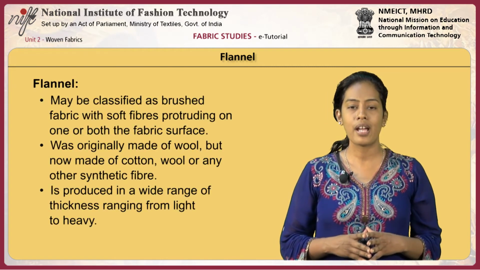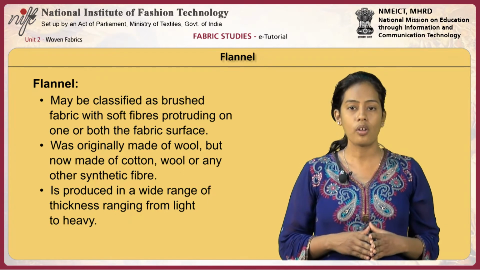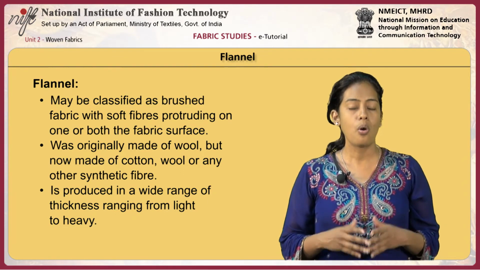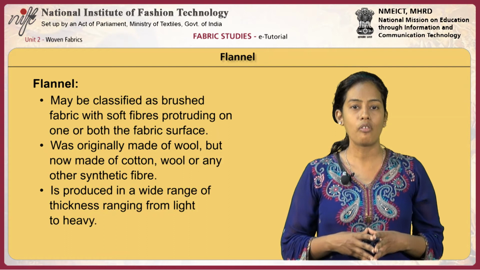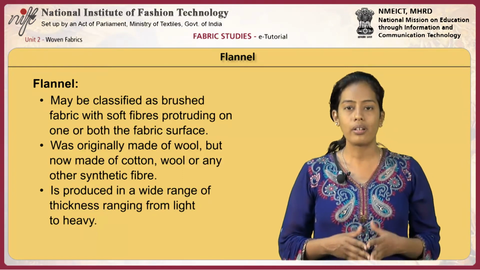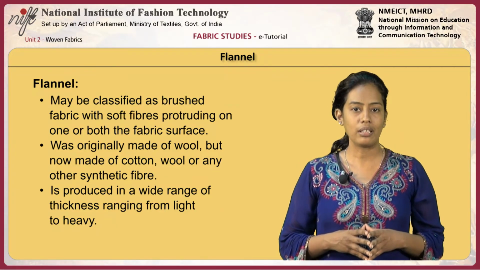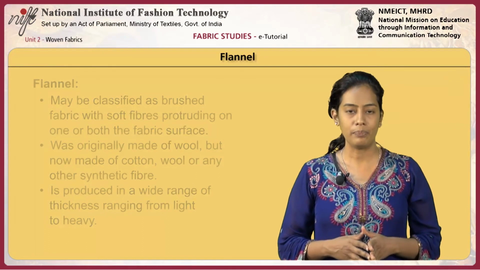Flannel may be classified as brushed fabric with soft fibers protruding on one or both fabric surfaces. Originally, flannel was made of wool. Now, it is made of cotton, wool or any other synthetic fiber. It is produced in a wide range of thickness ranging from light to heavy.